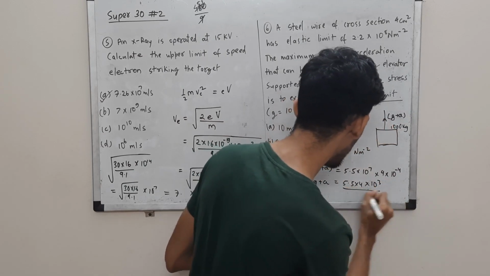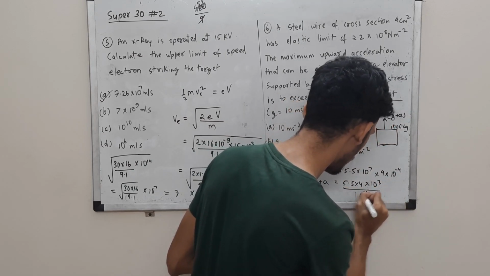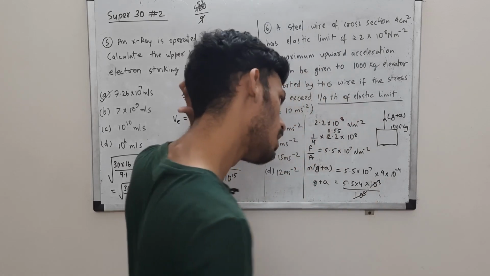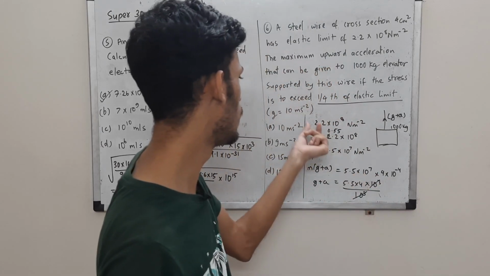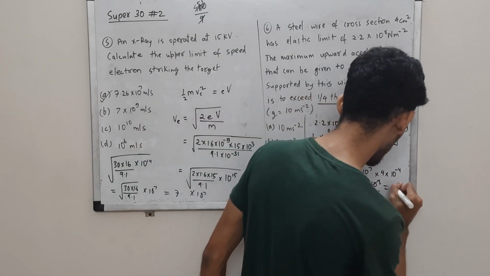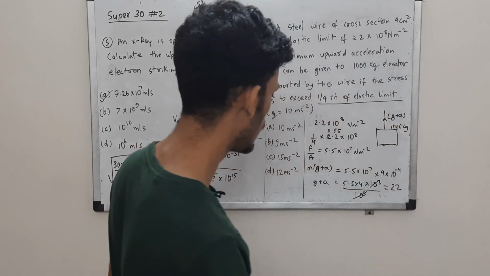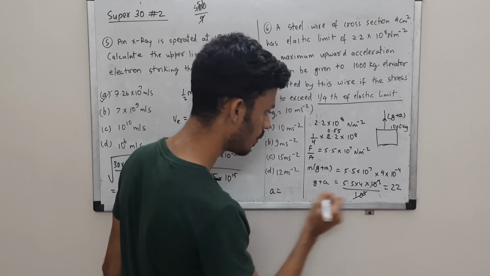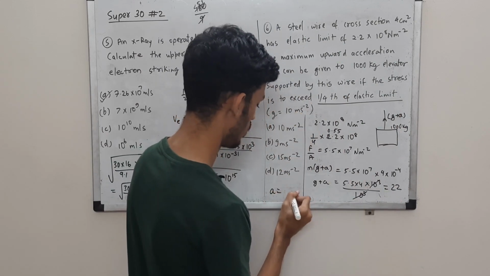And we can divide by m, which is 1000, again 10 to the power 3. This and this will get cancelled. This 5.5 into 4 will give us 22, right? So g plus a is 22, meaning a is 22 minus 10, which is 12.